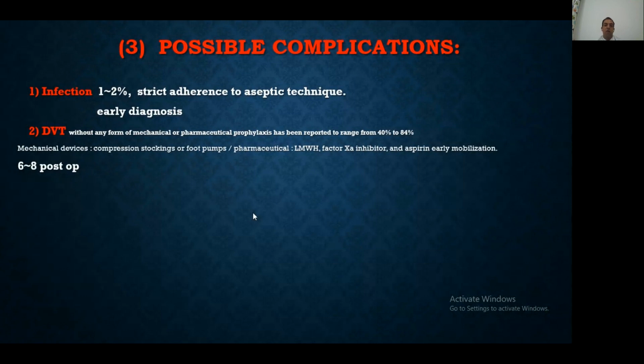Aspirin can be used, warfarin can be used, but any of them must be started 6 to 8 hours postoperatively. Also, there is mechanical prophylaxis like applying stockings and foot pumps. There are many local prophylaxis methods for the lower limbs against DVT.